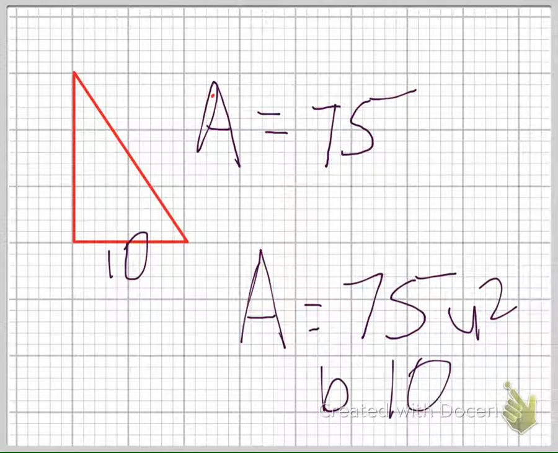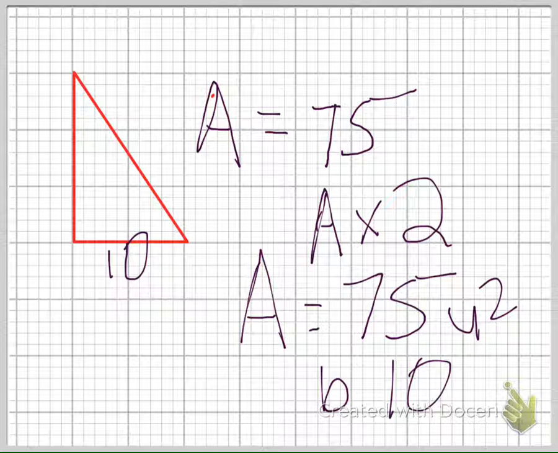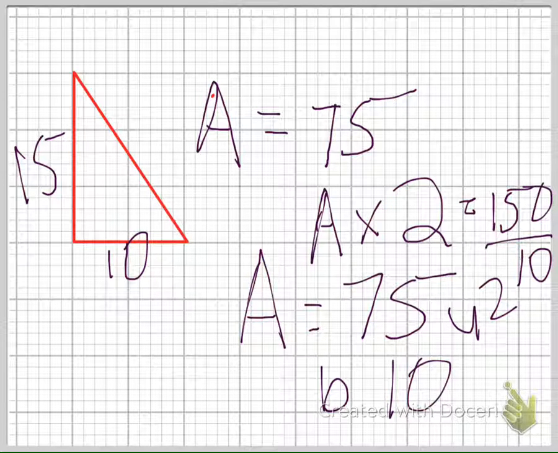Well, you would have to take the area, multiply it by 2, the same way you divided it by 2 to get the area for the triangle. That would give you 150, right? Then divide 150 by 10, and that would give you 15.